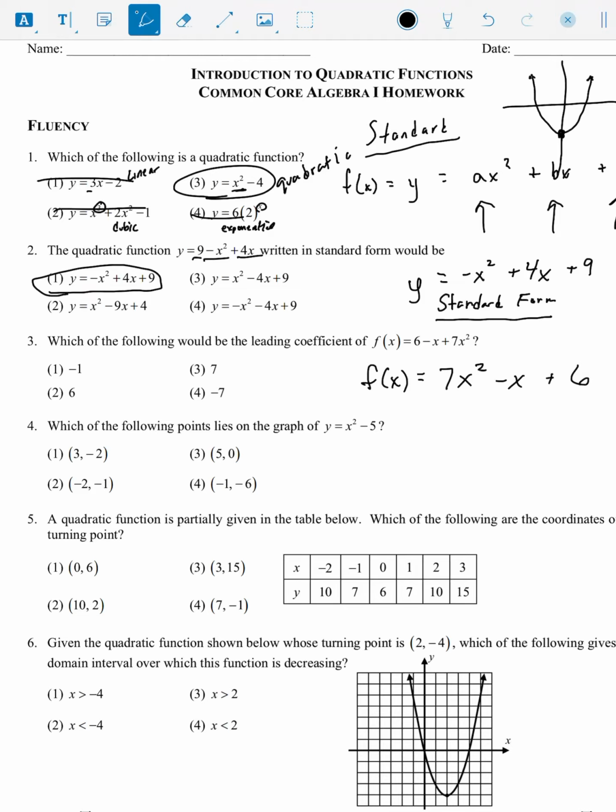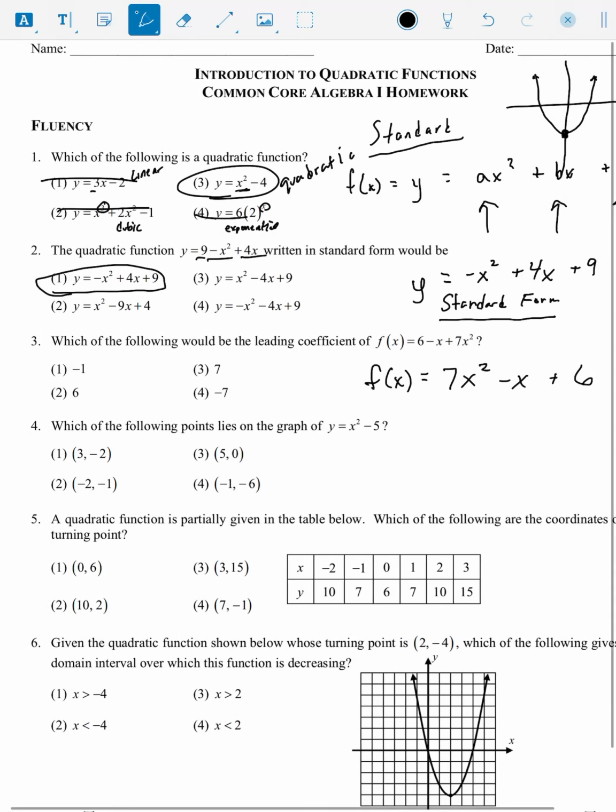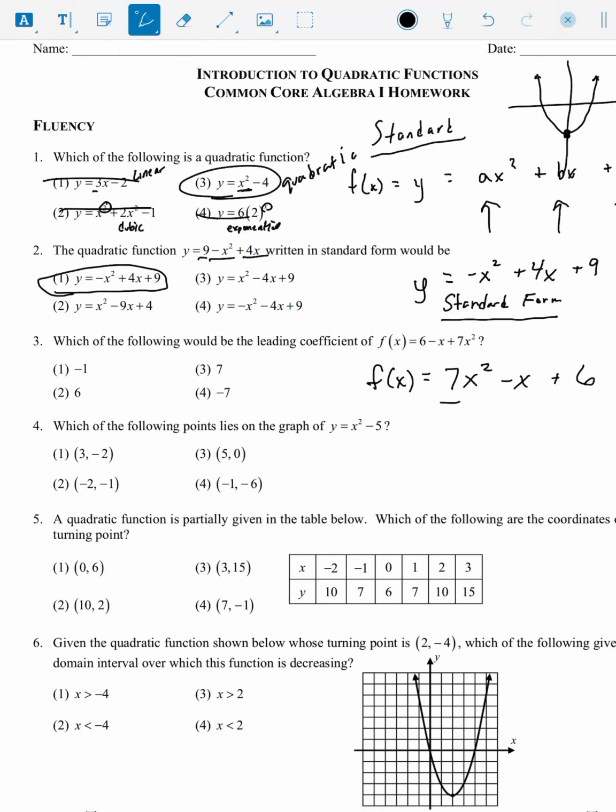Now, the leading coefficient is always the very first coefficient you see when it's written in standard form, the coefficient of the term of the highest degree. Now, the x squared term is the highest degree, and the coefficient attached to the x squared term is 7. Our leading coefficient in this case is 7.